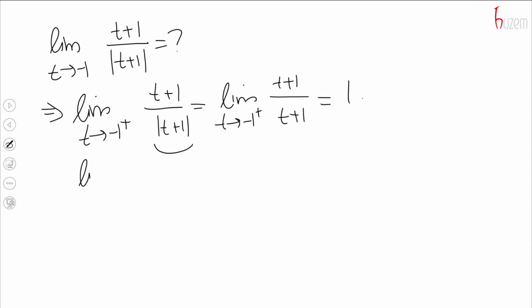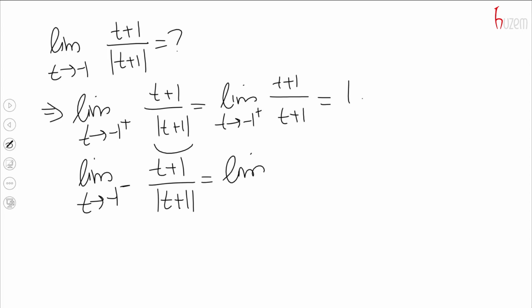Also for the limit as t approaches negative 1 from the left, t plus 1 divided by absolute value of t plus 1. Similarly, we can rewrite all the non-problematic terms. So this will be that, and t plus 1 divided by. Now let's see what happens on the denominator. When t is approaching negative 1 from the left, it means t is somewhere like, it can be some number like negative 1.1.